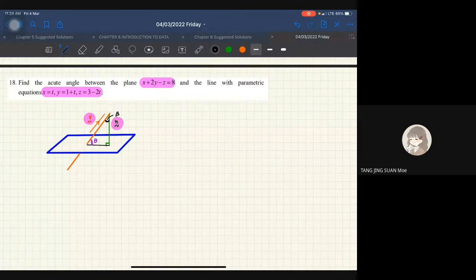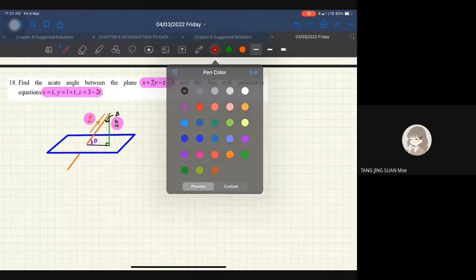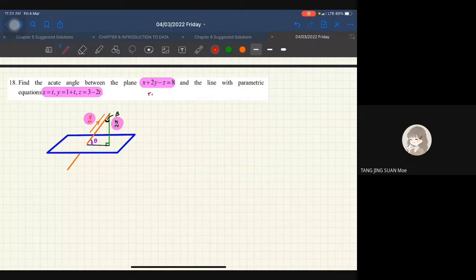R dot n equal to A dot n. Okay, thank you. Alright, so equation of a plane, saya tulis dekat atas ni, it is R dot n equal to A dot n. Like this. Okay, so yang belah kanan adalah A dot n. Yang belah kiri adalah R dot n.